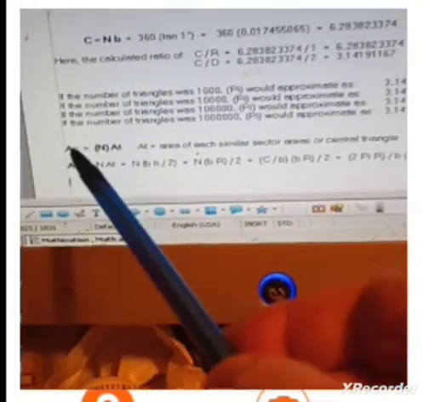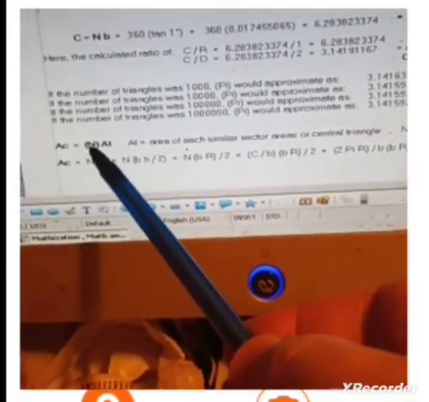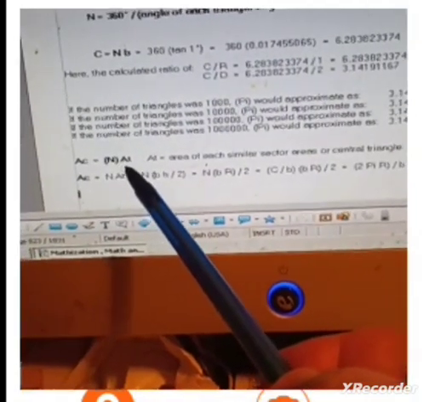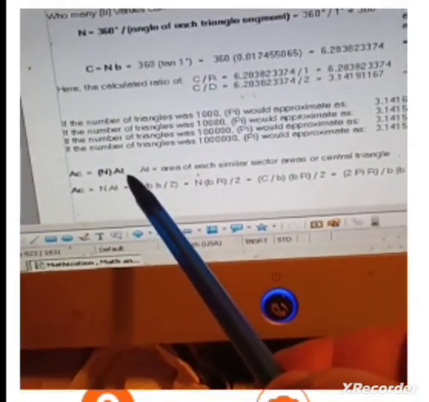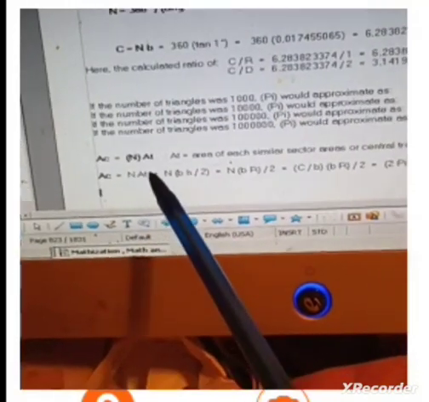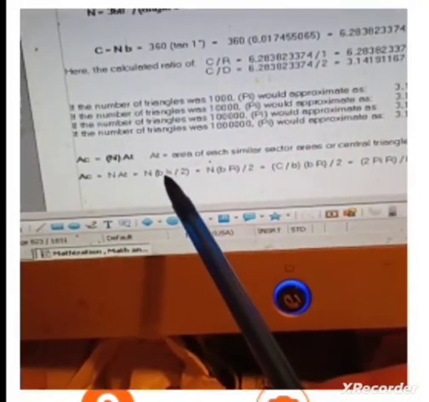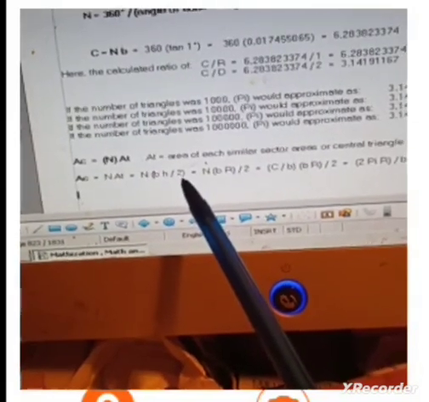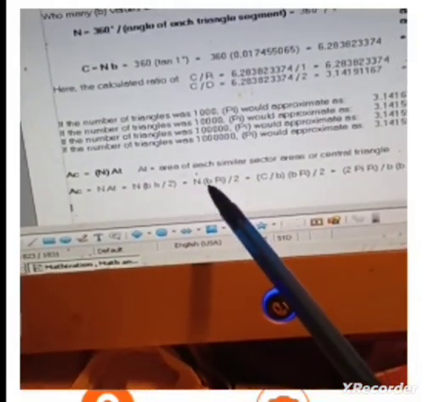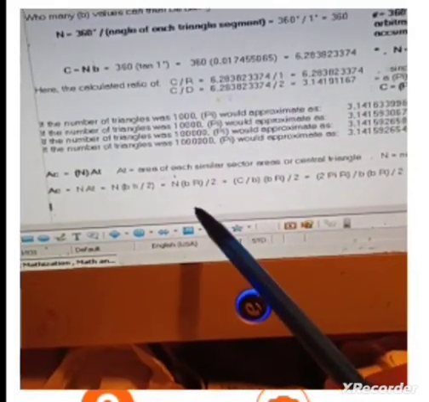From that value, you can calculate the area of a circle. So the number of triangles times the area of each triangle. We have N times the area of each triangle, so the base times the height divided by 2, which is B times R divided by 2.